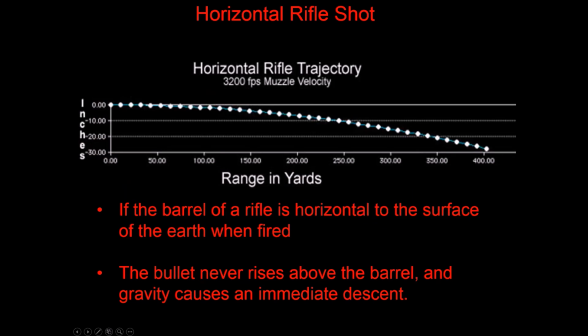We're going to restrict ourselves to meters per second, but here we're talking about an actual graph taken from a real data set which was given in inches and yards, and you can see the parabolic trajectory here based on the elevation of the rifle and how far it has traveled.